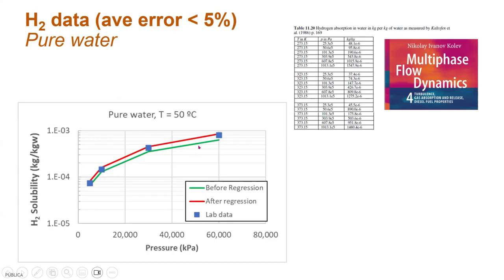And I compare the solubility predicted by the Lee and Neal model at 50 degrees C using the default parameters. I just simulated using default parameters for water, changed the temperature and the pressure, and I got this green curve.